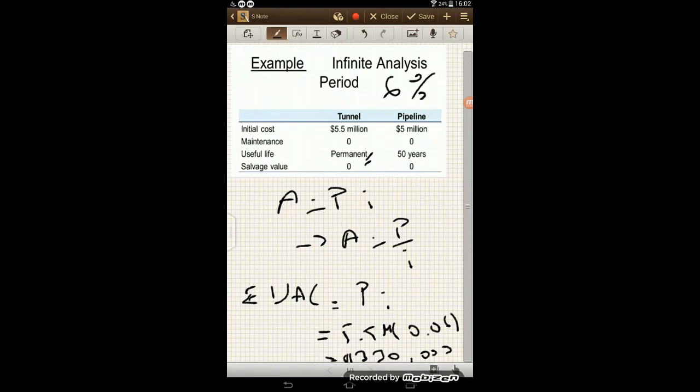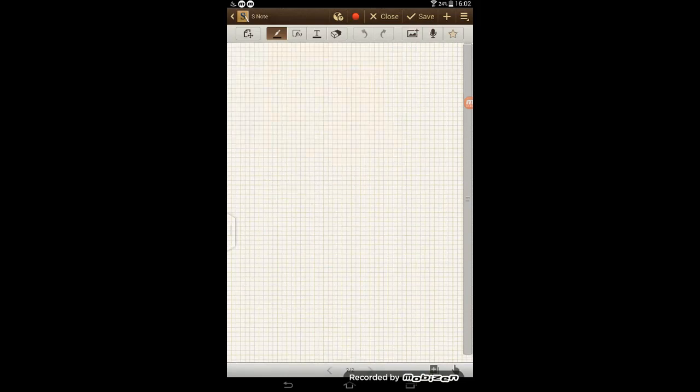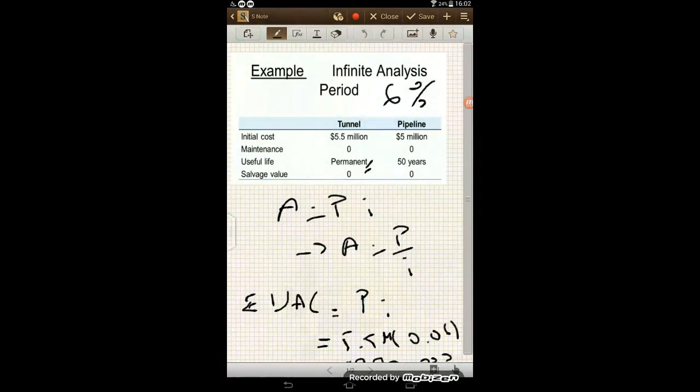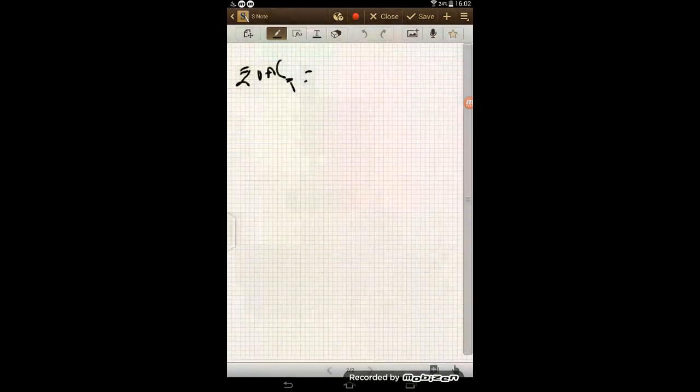For the pipeline, if the government makes a pipeline, we are going to change it because it's 50 years. So the equivalent uniform annual cost for the pipeline is going to be 5 million for the 50 years. So it's going to be A over P, I is 6% for 50 years.